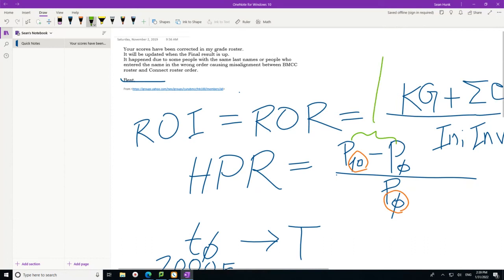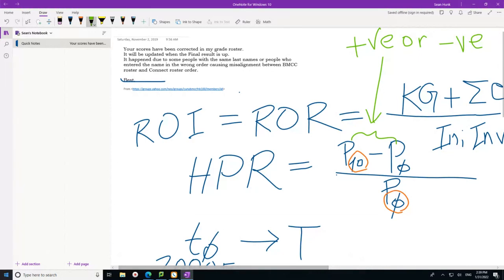This change can be either positive or negative, right? And if it is positive, of course, that's why we want to do this, right?